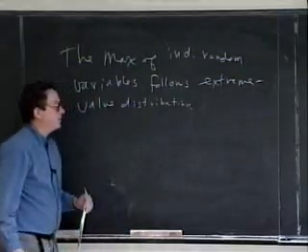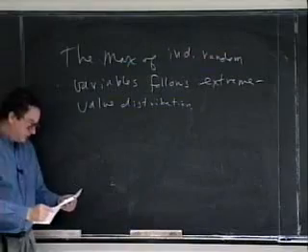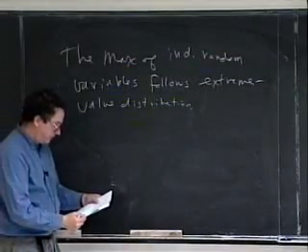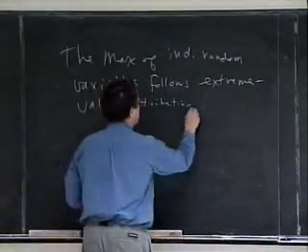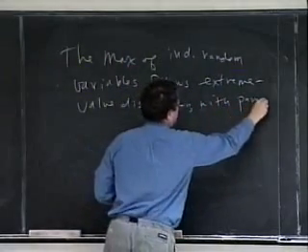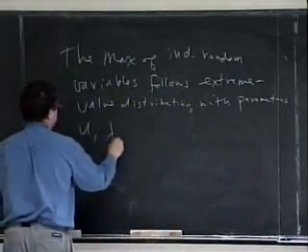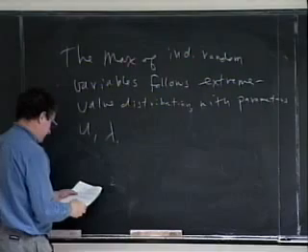I'm not going to derive that, but the extreme value distribution has two parameters which are used to describe the particulars of it. And those are U and lambda. And the form of this is the following.